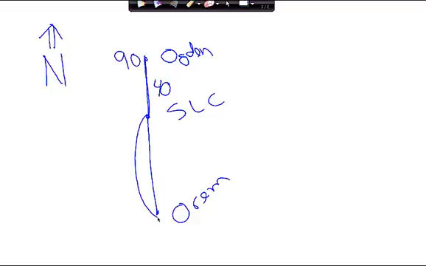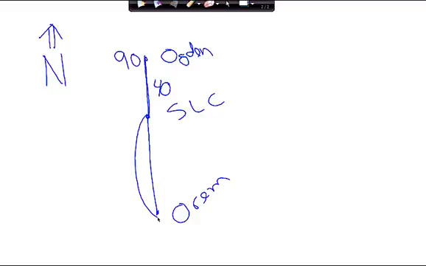50 miles. See, guys, we understand the idea that if we can take a journey and break it into steps, regardless of the direction of those steps, when we add the steps together, they give us the magnitude of the entire journey.